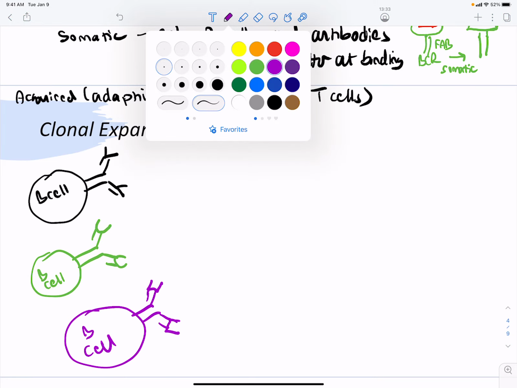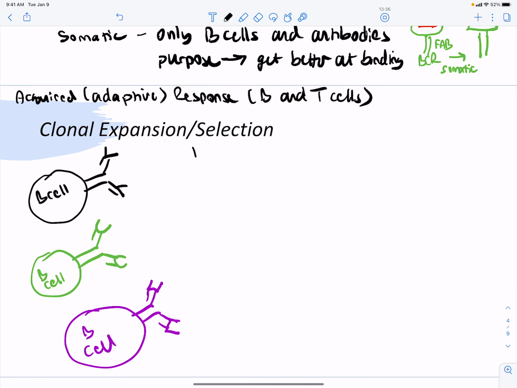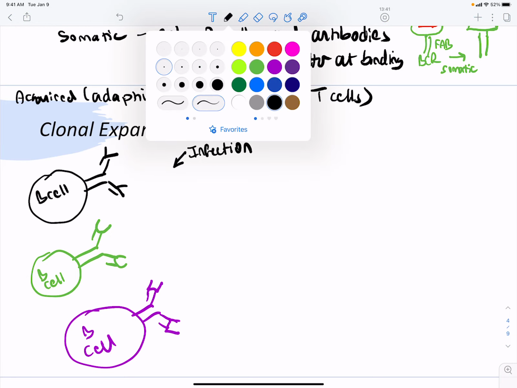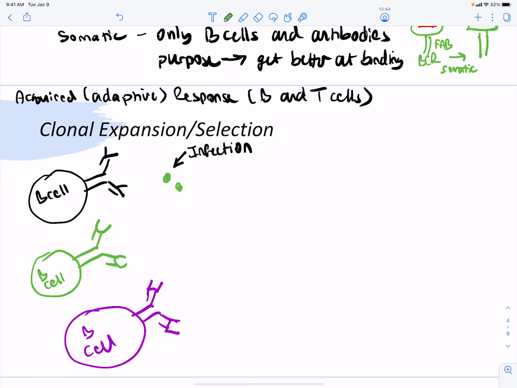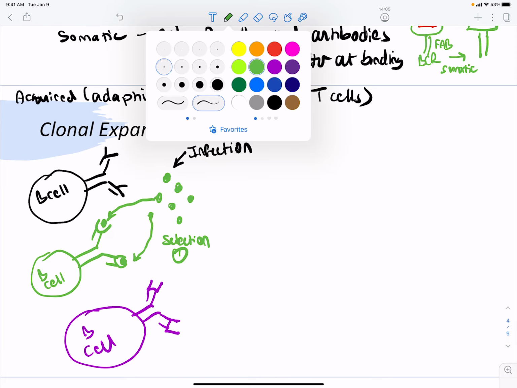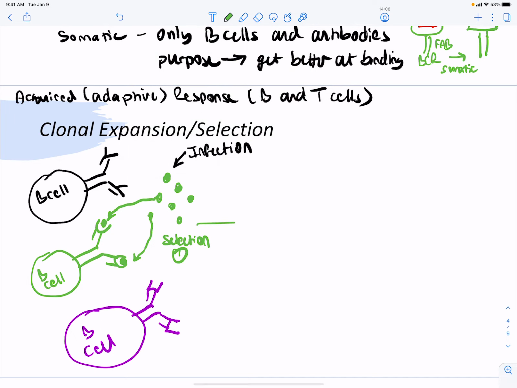And so when you get infected, you have some sort of pathogen, and we're going to say it has these green little circles. Okay, and so the B cell that gets selected will be this little green guy, the green B cell. And so that is selection. Now the second part that comes in is going to be expansion.